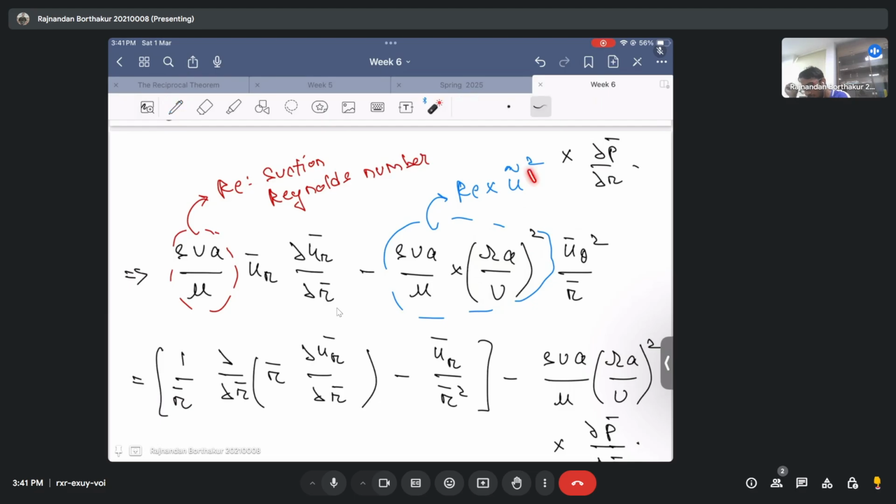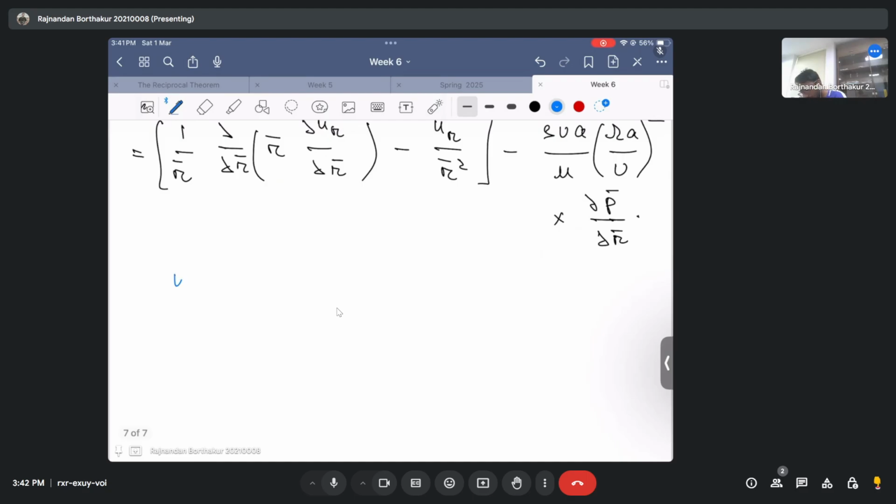And what does U tilde say? This U tilde is nothing but omega a by U. I'll write it down here. What does this portray? It portrays the strength of the rotational velocities to the inward suction.